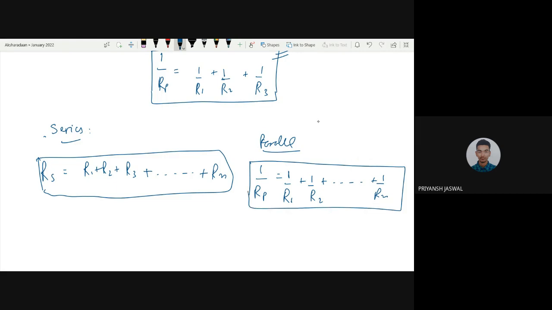First we calculate this, then we again take a reciprocal, so we'll get the net resistance. So it will look something like this, with n values up to Rn.